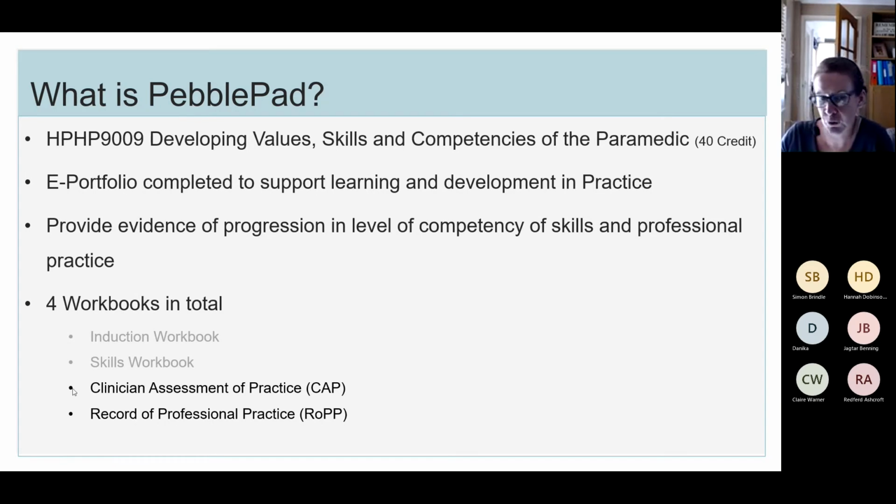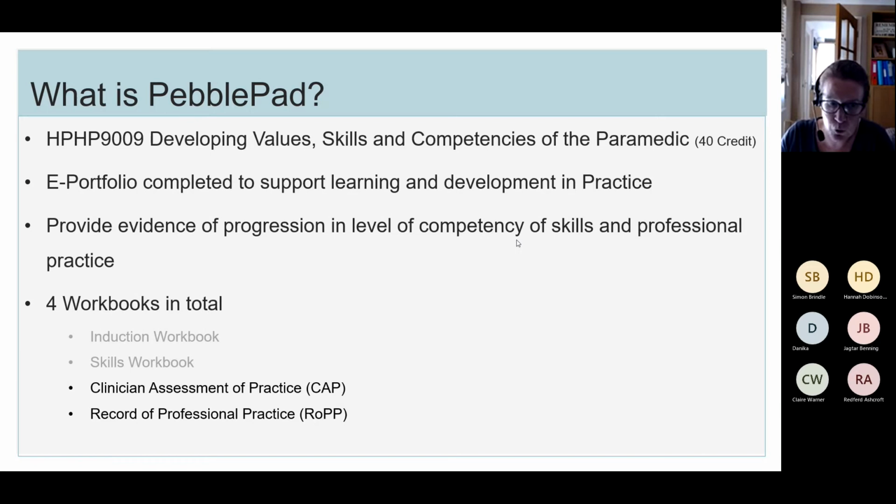It's a 40 credit module that runs the whole of level 5, and then they do a separate one for level 6, so year 2 and year 3 of the course. Obviously they're APEL'd the first year to come in at year 2 of the course. As I've said already, it's an e-portfolio that's completed to support the learning and development in practice. It will provide evidence of their progression in level of competencies, skills and professional practice.